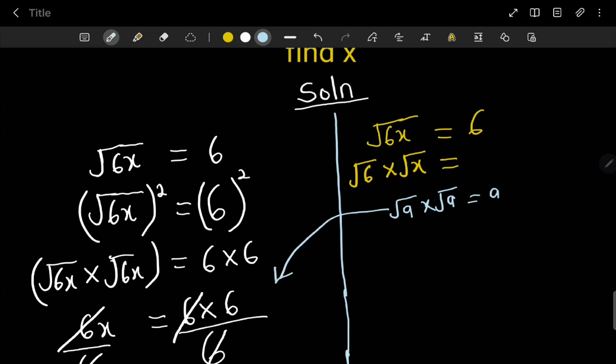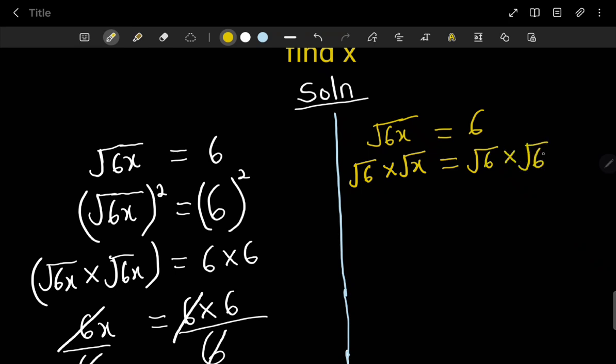I hope you remember that. Okay, so we are going to use that same idea with this 6 here. So square root of 6 times another square root of 6 is the same as what? 6, right?